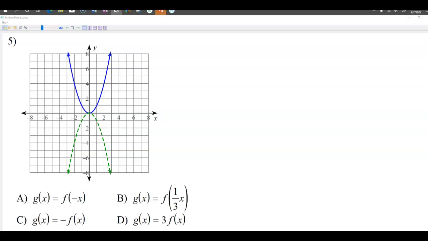It says, write g of x, which is the dashed line, in terms of f of x, the solid line. So f of x is the solid line and g of x is the dashed line. I want you to be familiar with how that's worded, because that's how it'll look on your test.